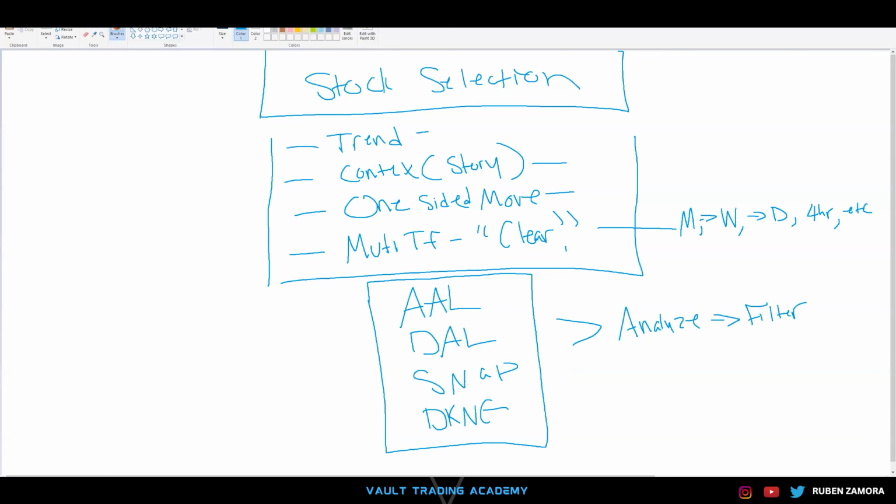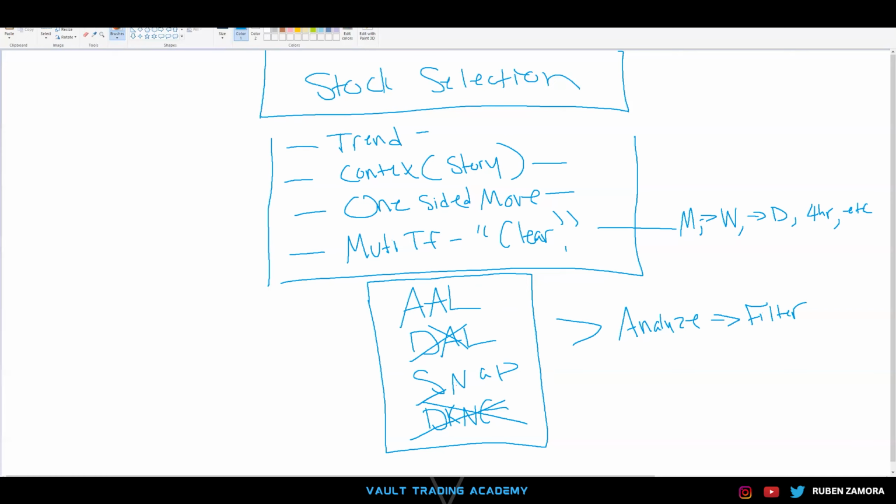So the next step after analyzing is to filter these out. Let's say DraftKings didn't look clear to me. Let me take it out of my watch list, because everything here is your watch list. Now there are three standing. Out of these three, Delta Airlines didn't make it through. So now it's between American Airlines and Snapchat. You can either do eeny, meeny, miny, mo, or choose which one's the best bet to move forward with.